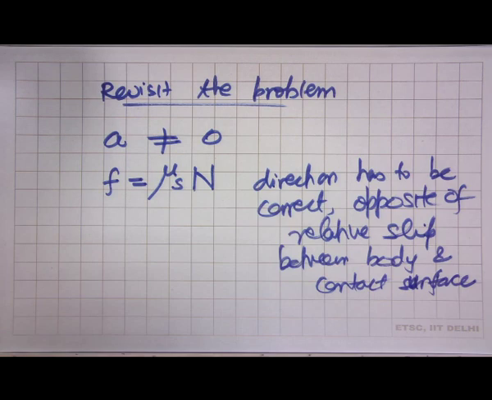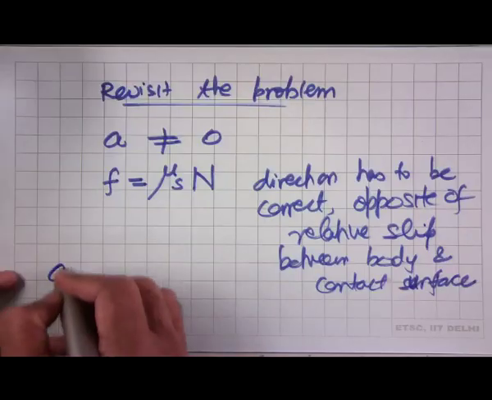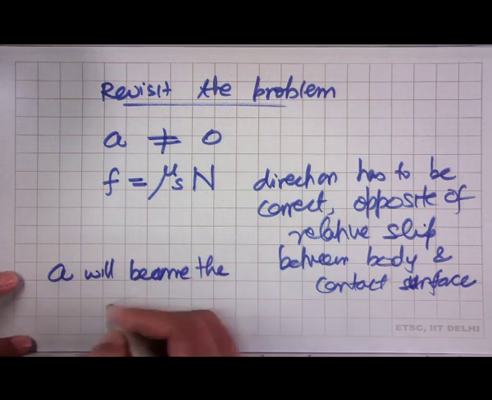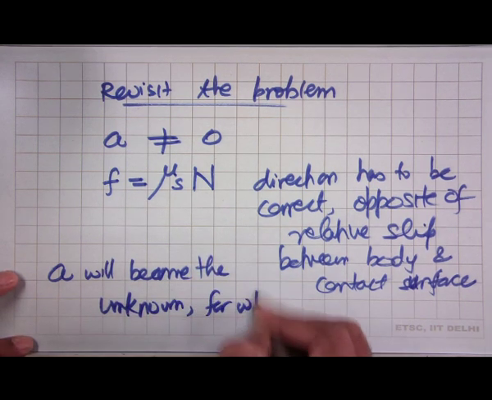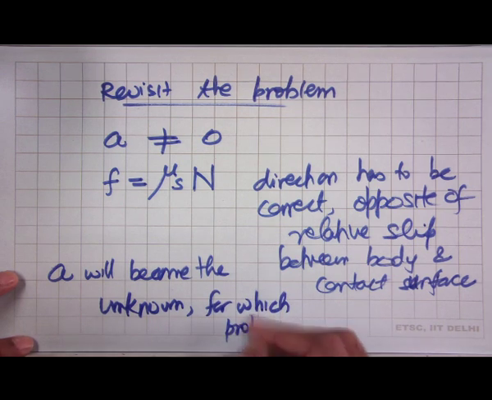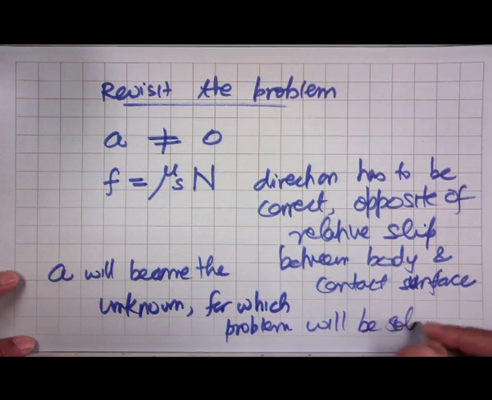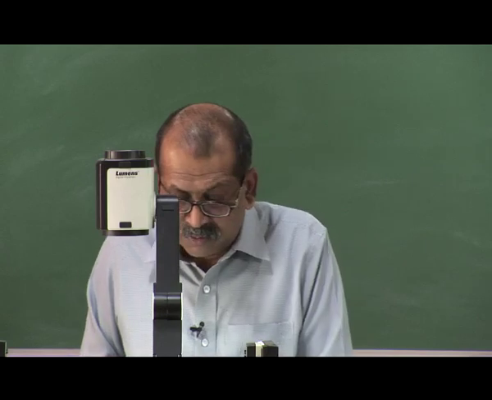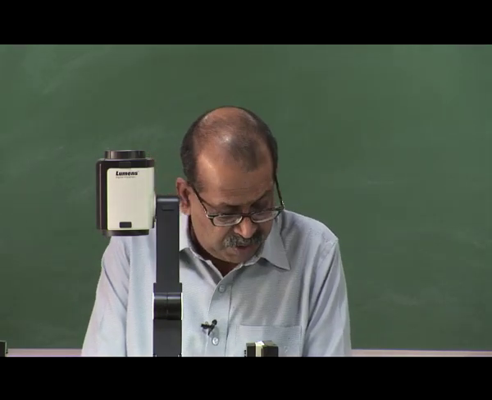So, the direction of the friction force has to be opposite and we put f is equal to mu s N. So, now acceleration will become the unknown for which the problem will be solved. So, this is how one tackles the problems of friction, where motion is not known a priori.